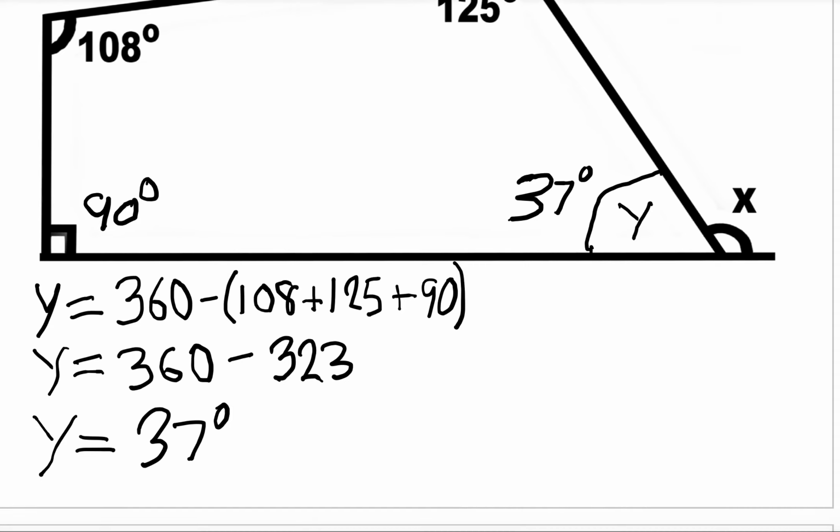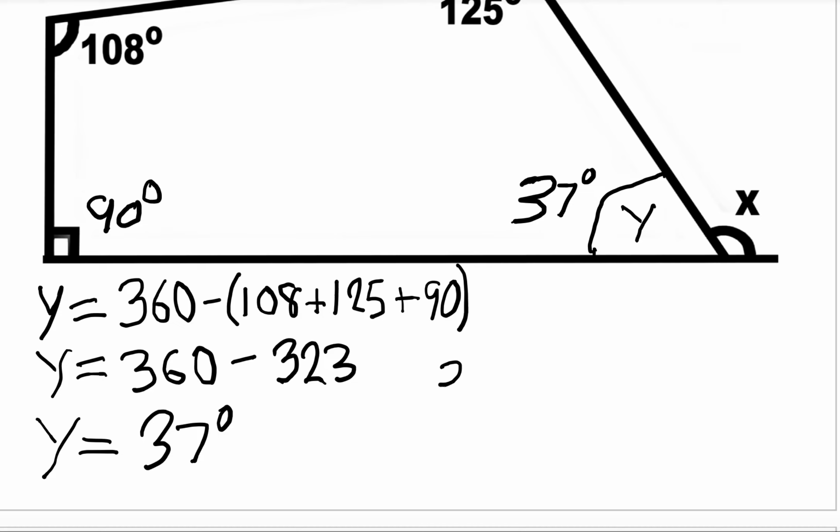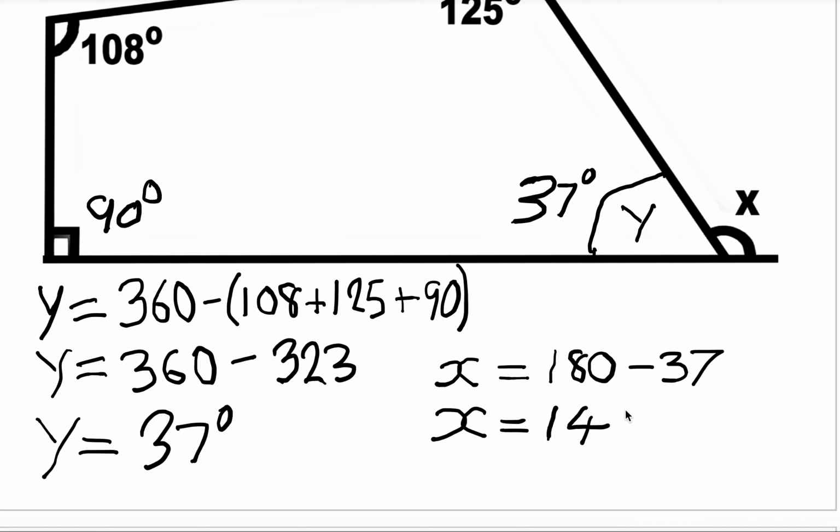So we're going to make X equal 180 minus 37. So X equals, what does it equal? Got your calculator out, or have you done it in your head? 143. So there you go.